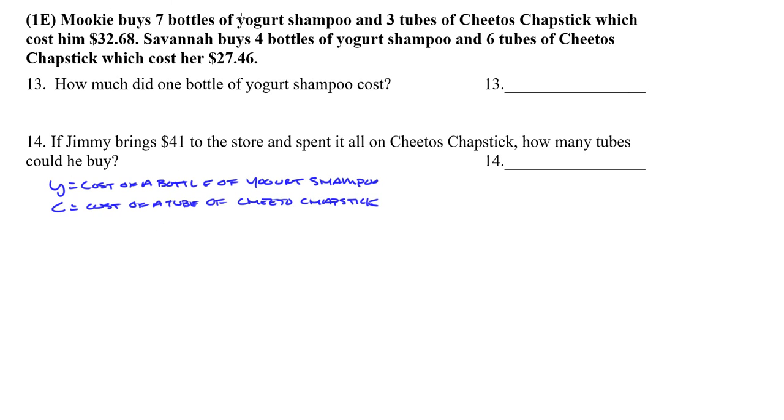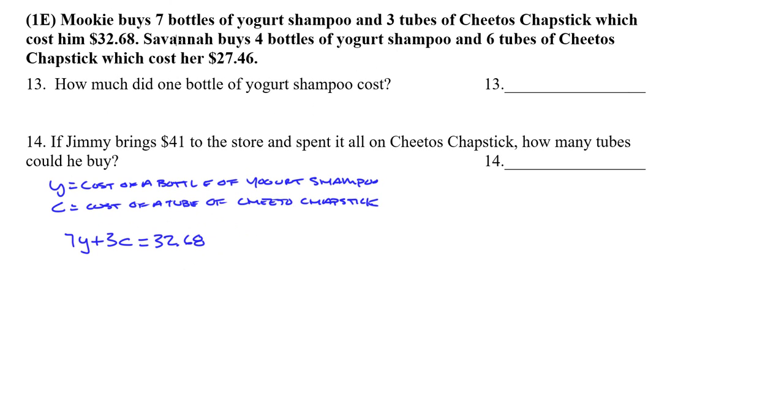But now I know Mookie buys 7 bottles of yogurt shampoo, and then 3 tubes of Cheeto chapstick is going to end up costing $32.68.